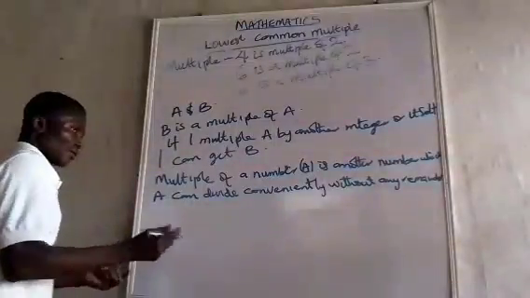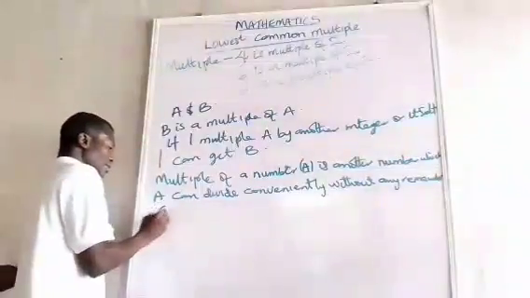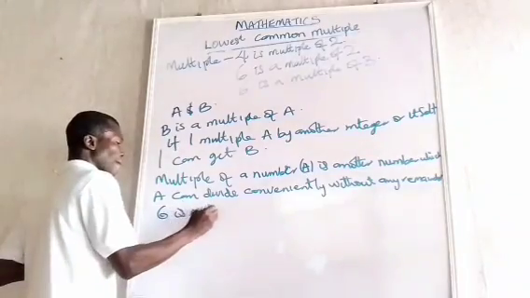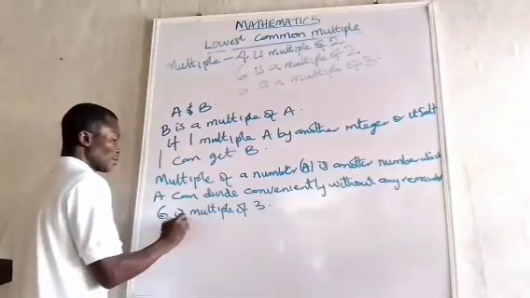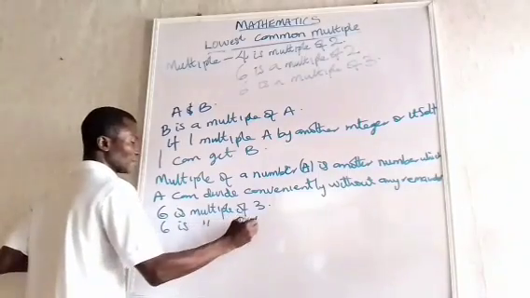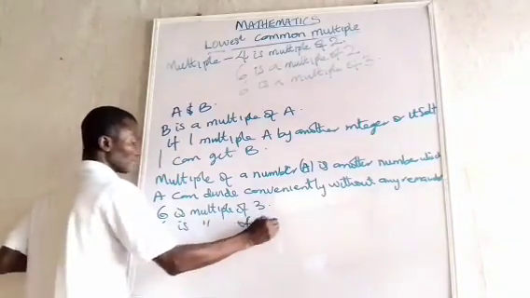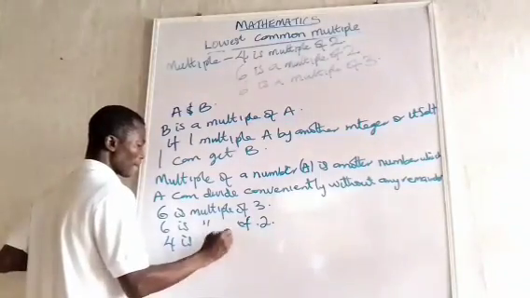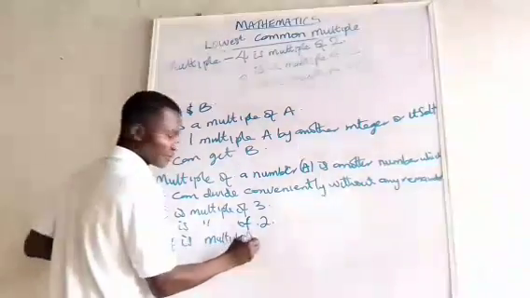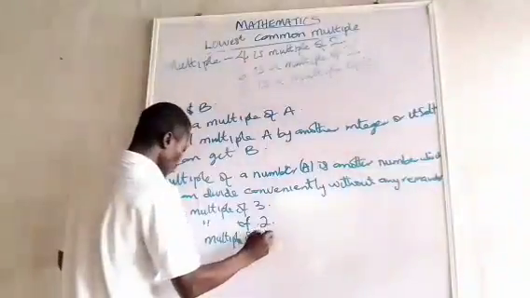So, when you are looking at multiples, you can say 6 is a multiple of 3. 6 is also a multiple of 2. 4 is a multiple of 2.